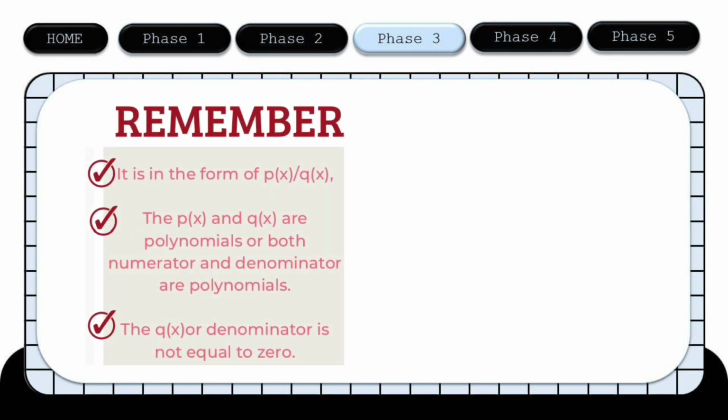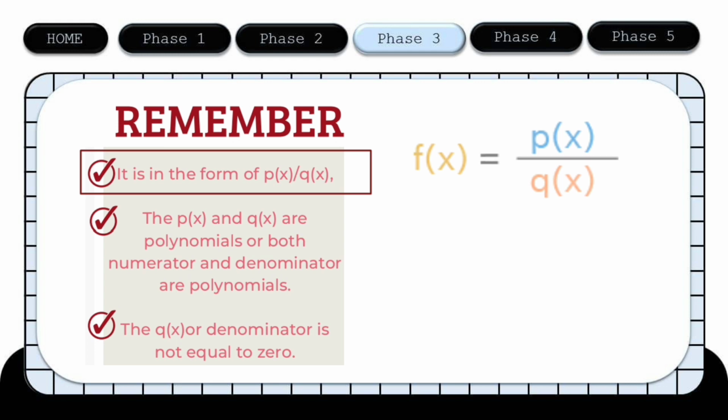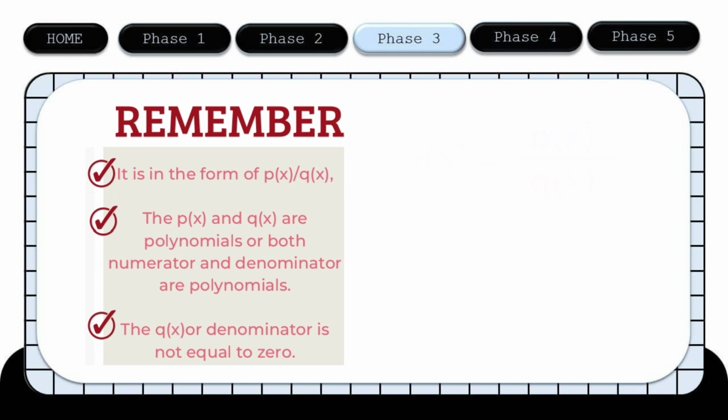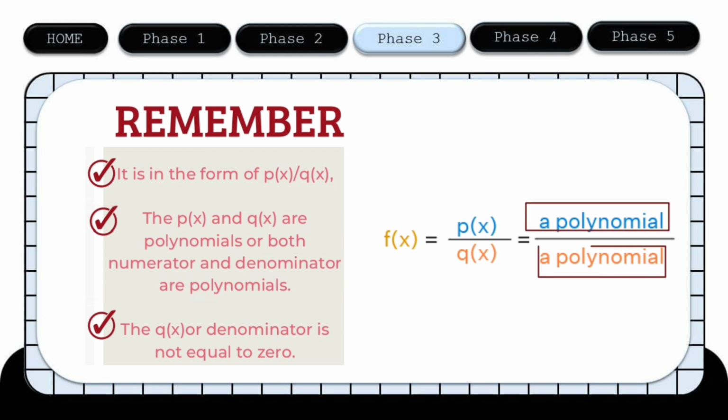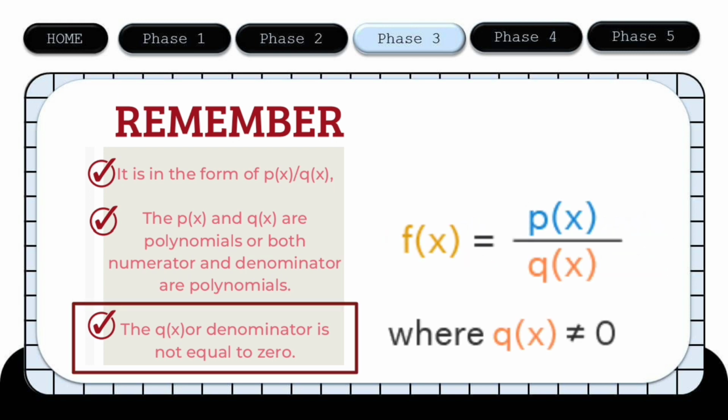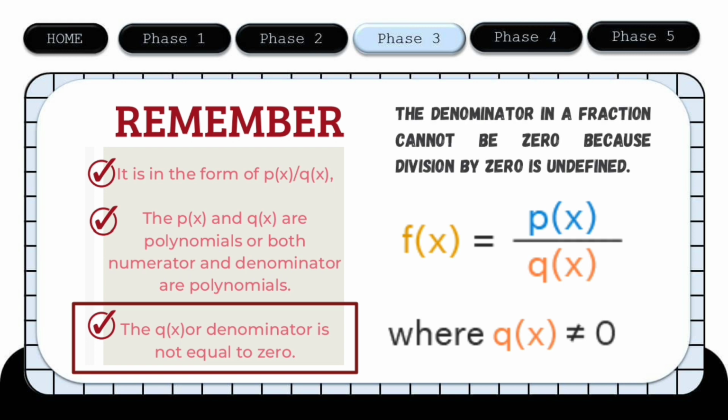Isa-isip natin ang tatlong bagay to define a rational function. Una, ito ay ratio. It's in the form of p of x over q of x. Pangalawa, p of x and q of x are polynomials. Yung ating numerator and denominator dapat parehas na polynomials. Pangatlo, q of x is not equal to 0.